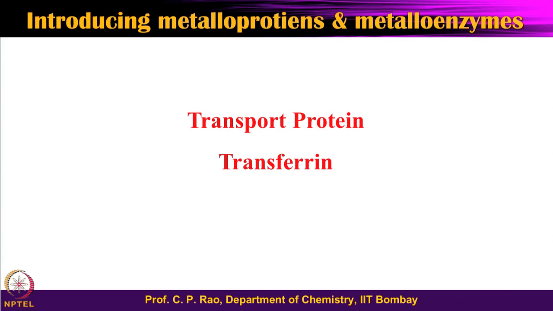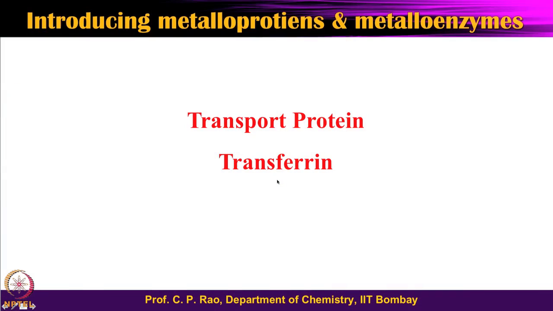Now let us move on to the transport, but not of oxygen, but transport of some ion, let us say. Transferrin is a protein which transports the iron ions, because iron is required in the entire body for a variety of cellular functions.